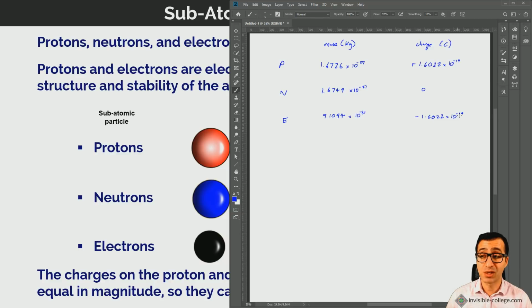They can have 1/3 of this unit, but effectively, as far as ordinary physics is concerned, and you don't get into the weird and wonderful realm of quarks and things like that, this is the elementary unit of charge. It's the smallest unit of charge that can exist on any physical object. And so this elementary charge is the same on the proton and on the electron in terms of its size. It's just opposite in sign.